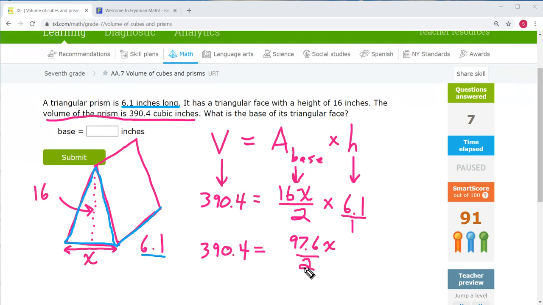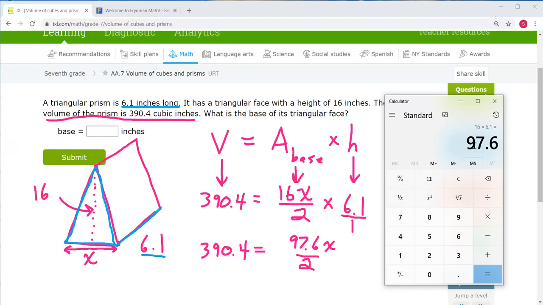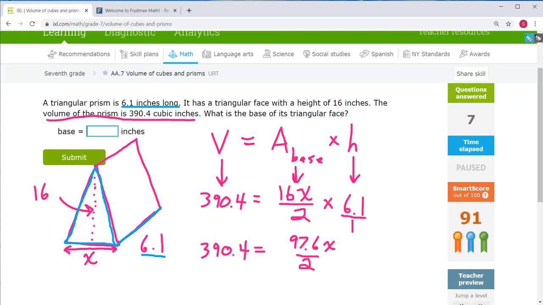Okay, now there are a couple of ways that we could move on from here. We could multiply both sides by 2, and then divide both sides by 97.6. I'm going to do it another way, which I think is a little bit simpler. I'm going to do 97.6 divided by 2 and get 48.8. So now I have 48.8x equals 390.4. And now I just have to divide both sides by 48.8.